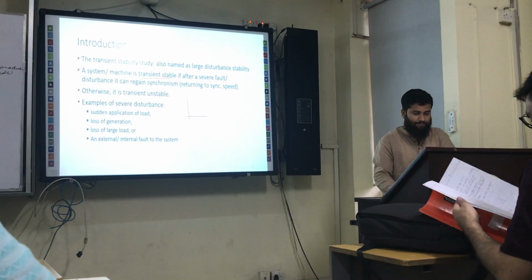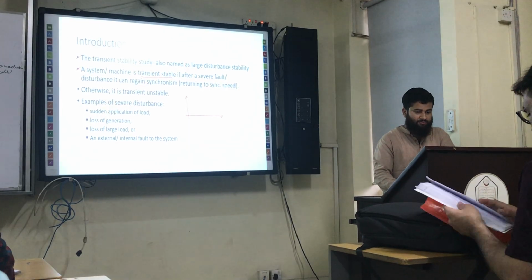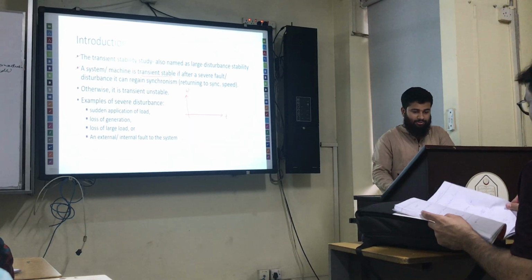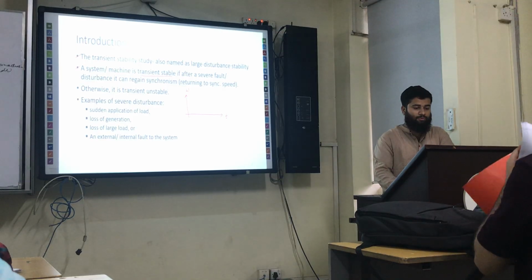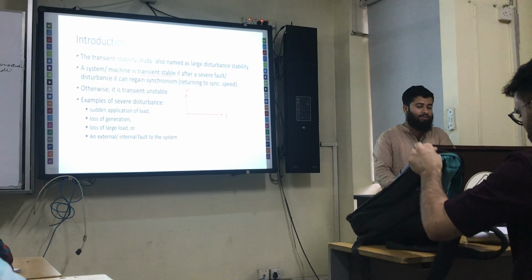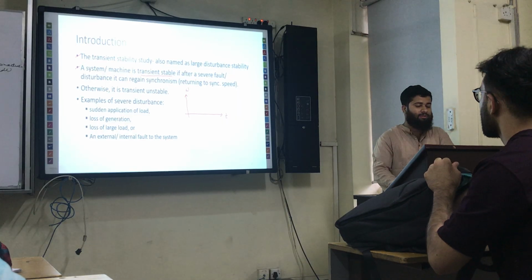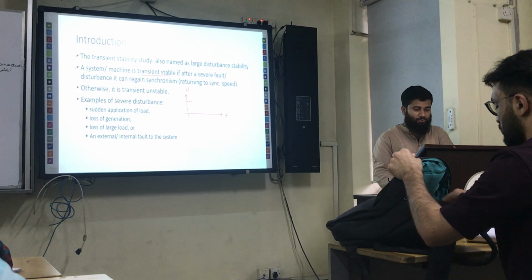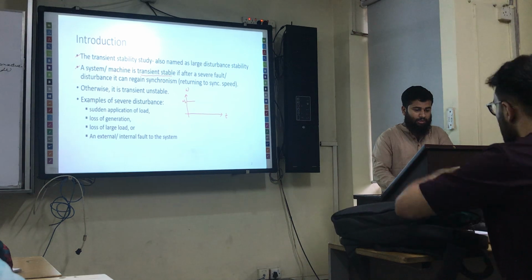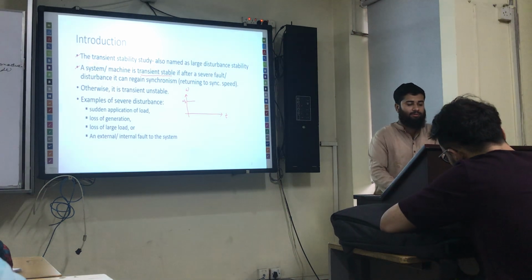Let's say we have an omega versus t curve. Whenever we start at the initial point, our system is in the steady state phase. At that time, this omega value will be equal to the synchronous speed, right?